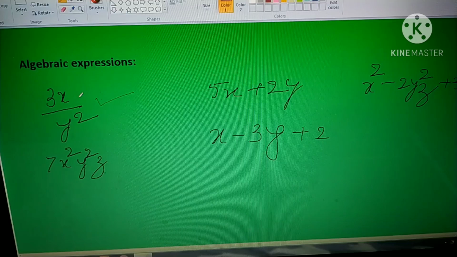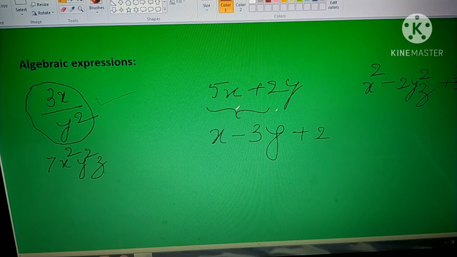Here we have only one term. See this one, here we have two terms. Why? Because this algebraic expression is separated by the mathematical symbol plus. So we have two terms here. This is one term, this is one term.